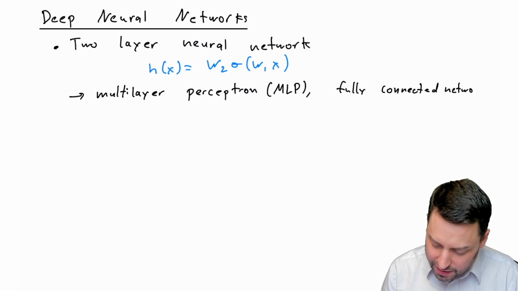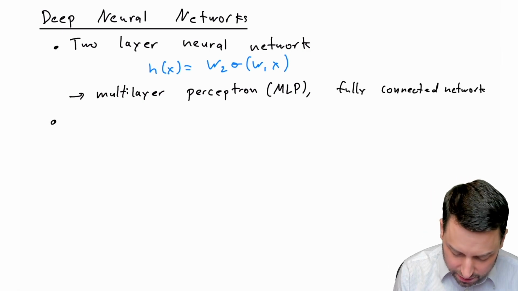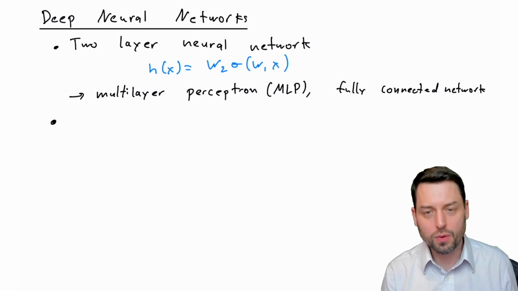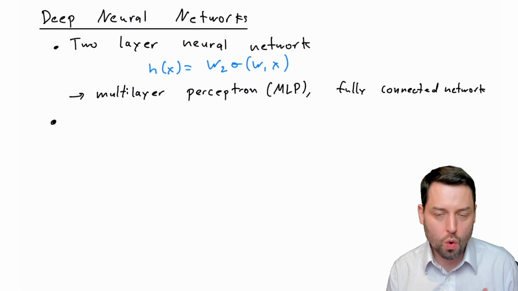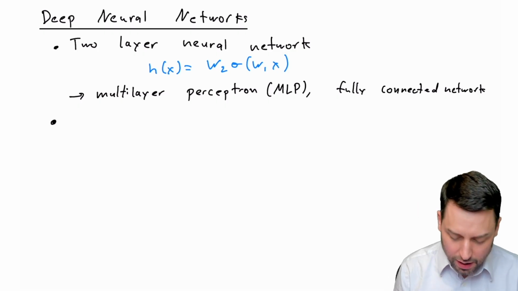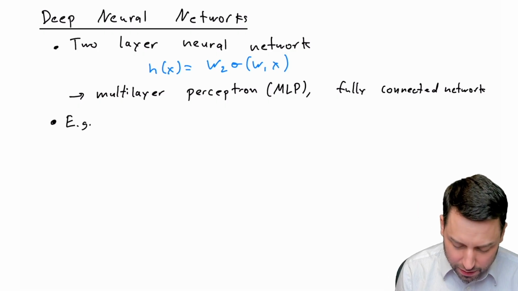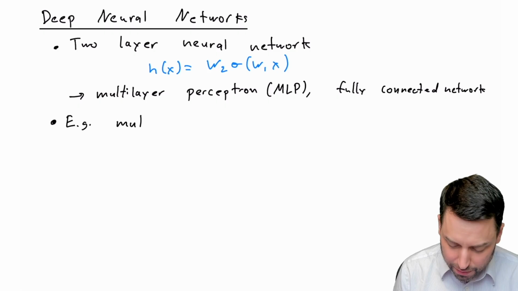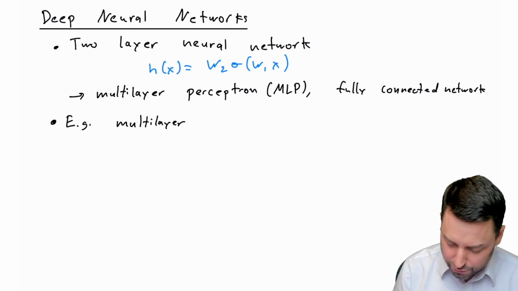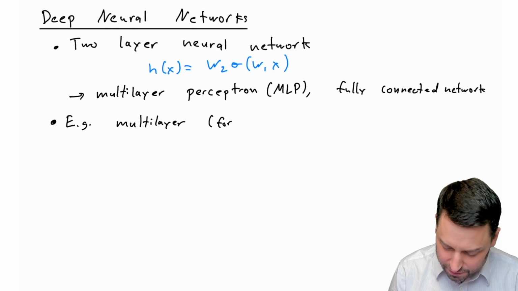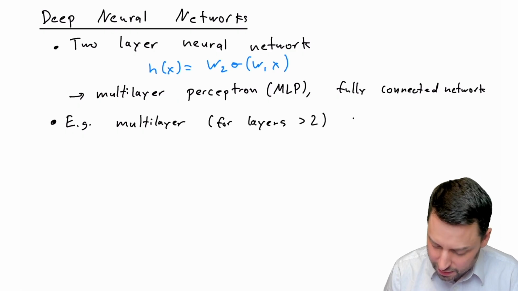But the point I want to make now is that these kinds of networks can actually be extended to be much more complex functions. One simple example I want to give is just a multi-layer neural network, with layers greater than 2.